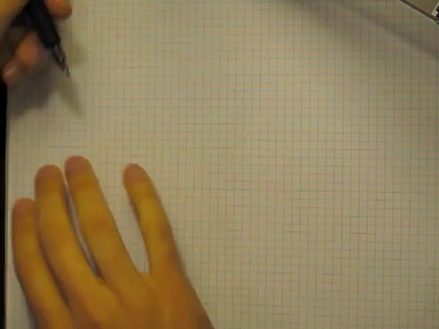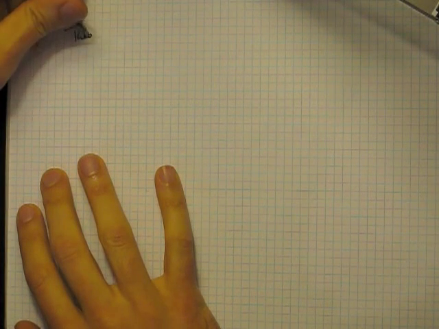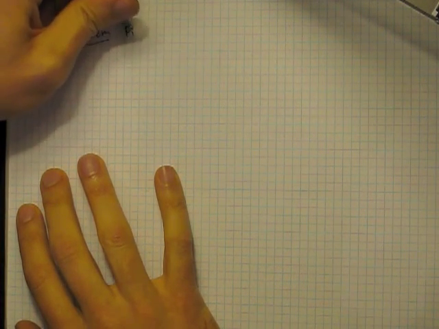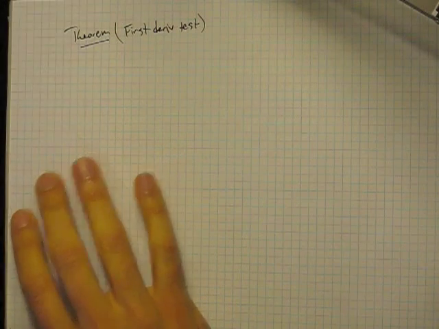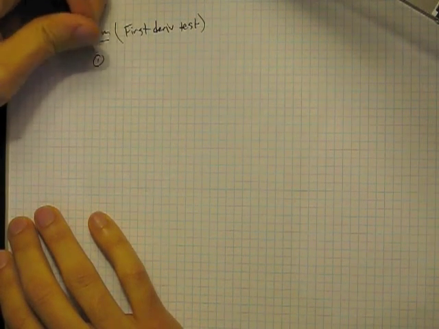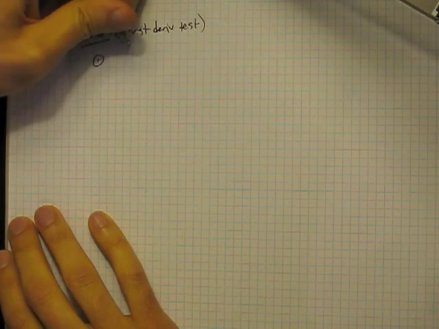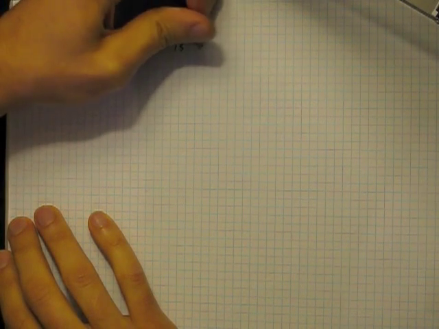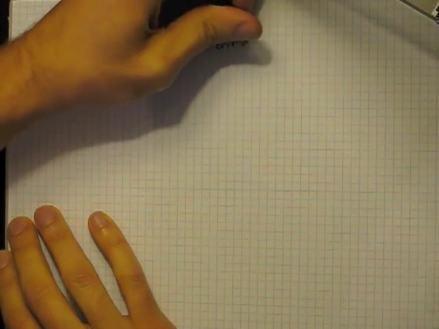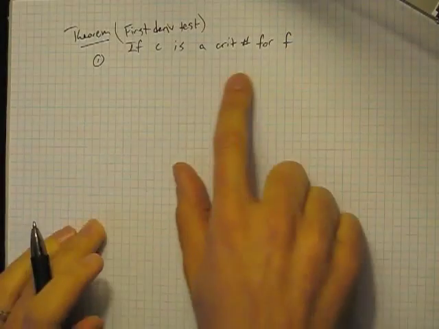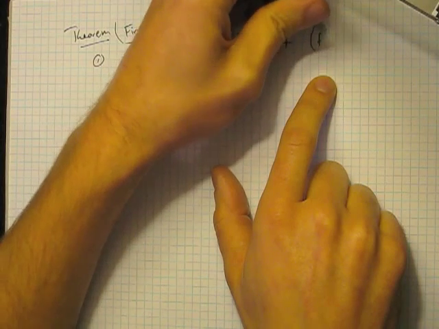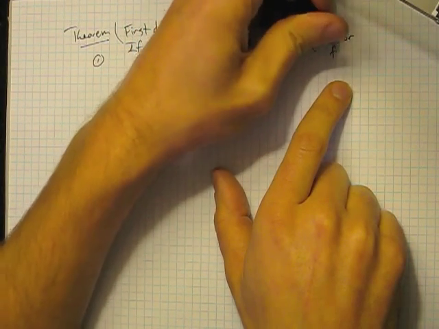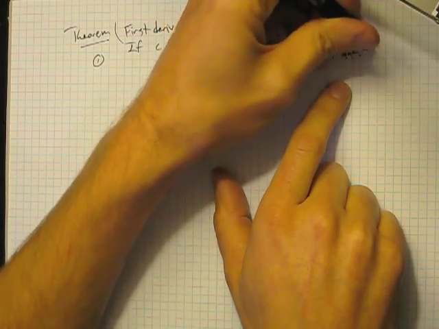I'd like to outline a theorem that we have. This is called the first derivative test. It says that if c is a critical number for f, remember what that means: a critical number is a number where f prime is 0 or f prime does not exist at c.